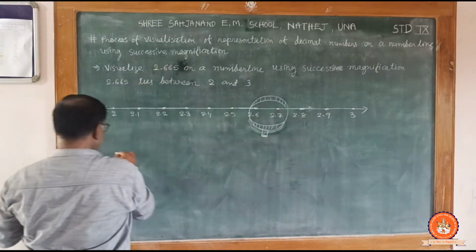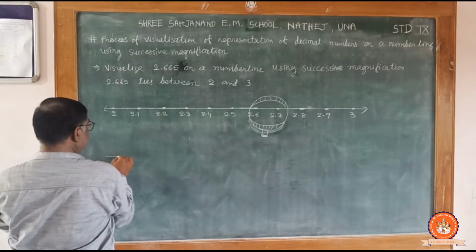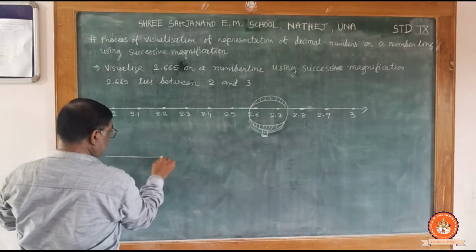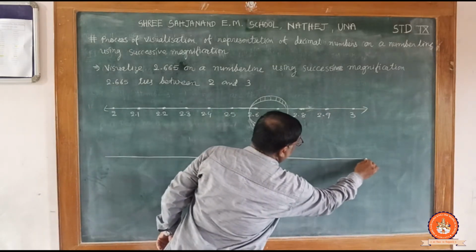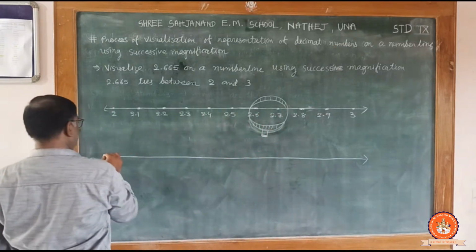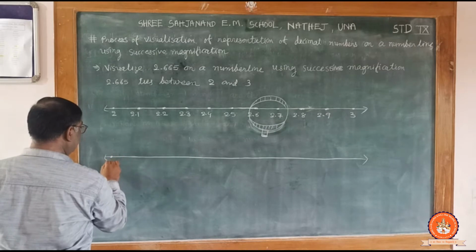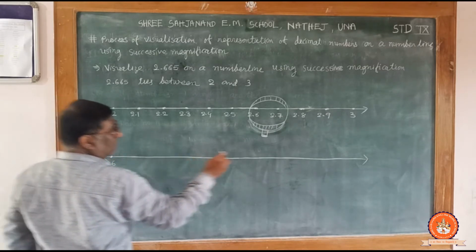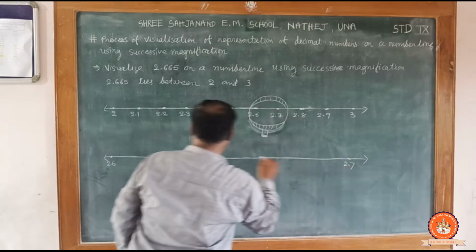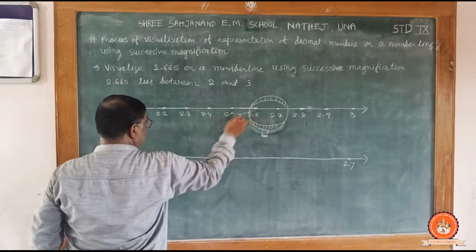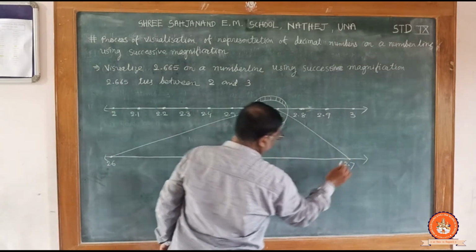Again, we will draw a line of the same length and containing the 10 parts. So here we will represent 2.6 here, and this will be 2.7. So if this is magnified, 2.6 comes here, 2.7 here.